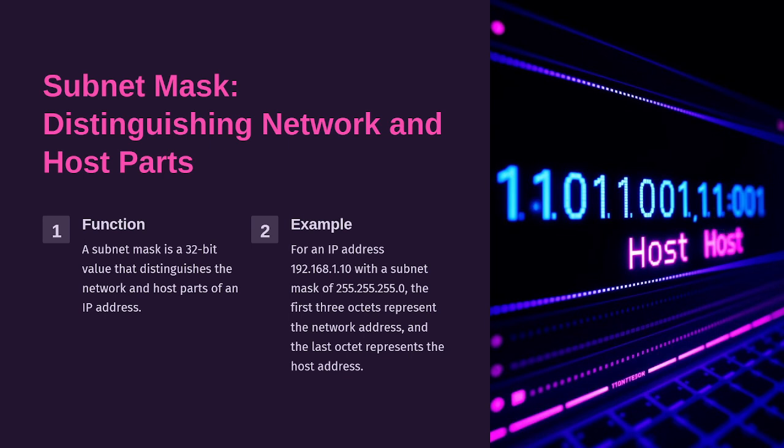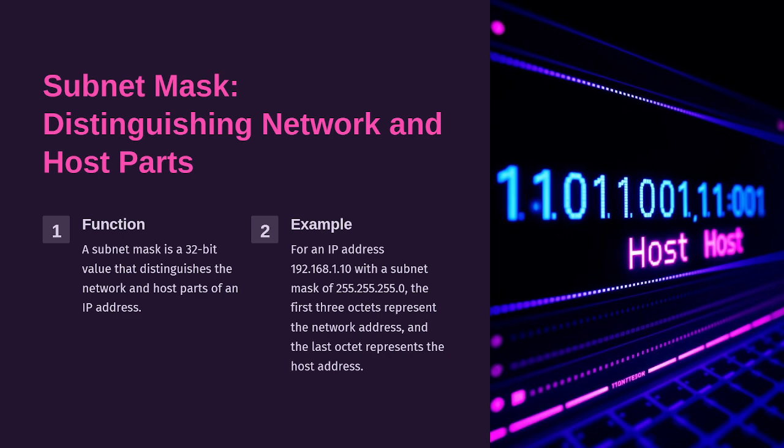Subnet mask, distinguishing network and host parts. What is the function of a subnet mask? A subnet mask is a 32-bit value that distinguishes the network and host part of an IP address.